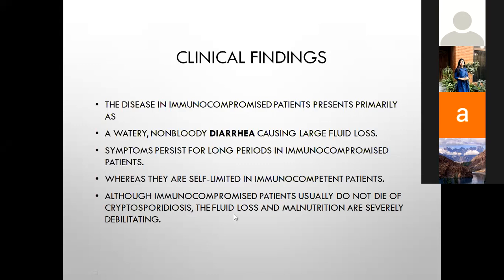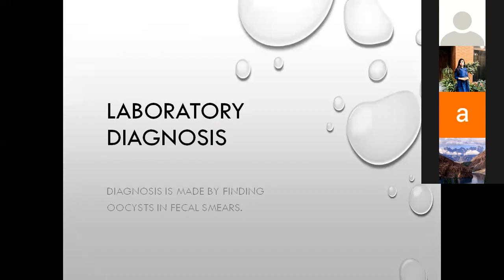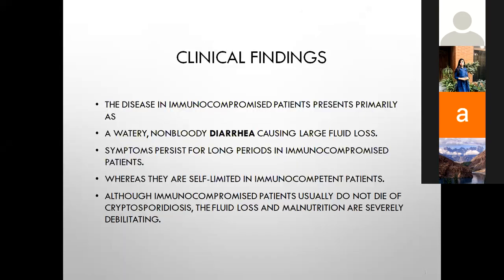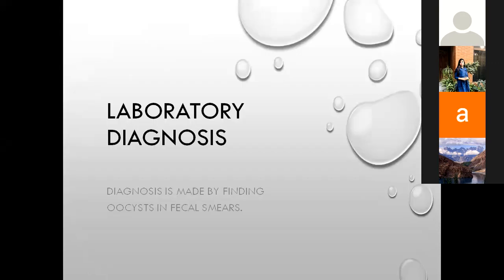Although immunocompromised patients usually do not die of cryptosporidiosis, the fluid loss and malnutrition can severely debilitate their health. I hope it is clear that it will not harm the immunocompetent or normal individuals, but it will definitely cause severe malnutrition and fluid loss in the immunocompromised patients.